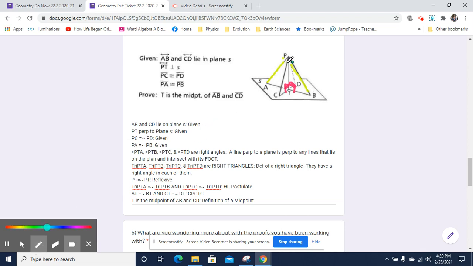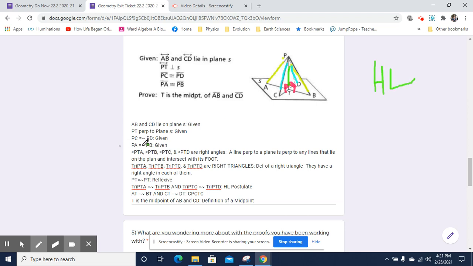We know that this and this are congruent. And we know that this is congruent to itself. And with all of that information, because these are right triangles and they have a leg and a hypotenuse congruency and a leg and a hypotenuse congruency, then these two side triangles and these two side triangles are congruent by hypotenuse-leg.